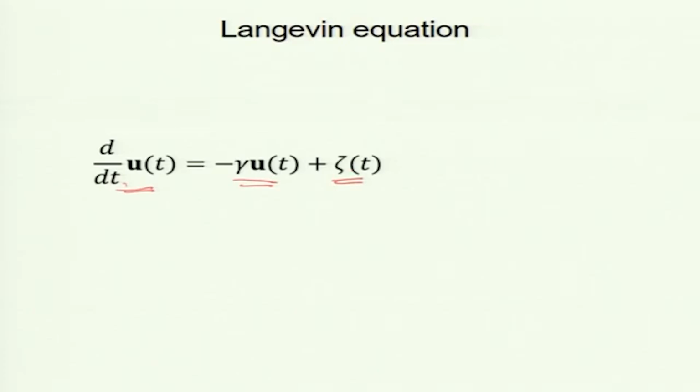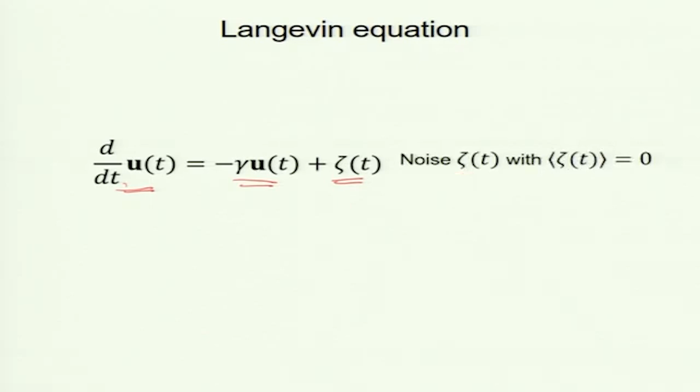There is a noise which is kicking it, but the average of zeta is 0. Sometimes it is from right to left, left to right, bottom to top, top to bottom. It could be in any direction, no particular direction of force is employed.